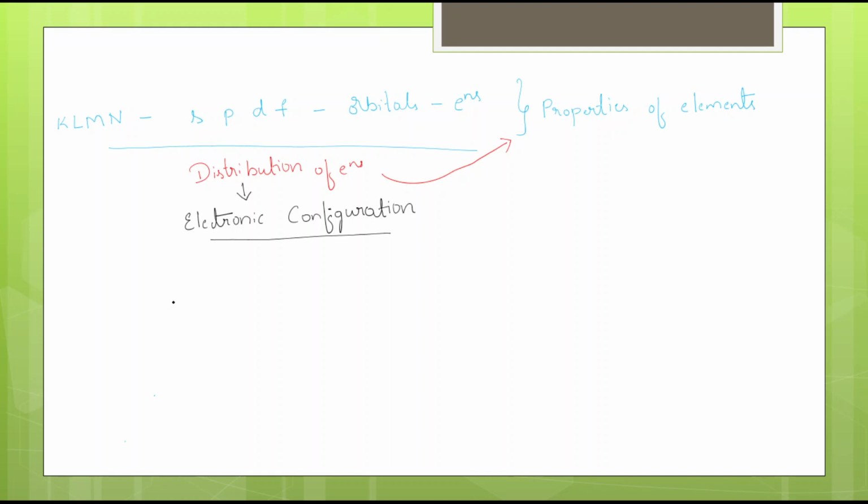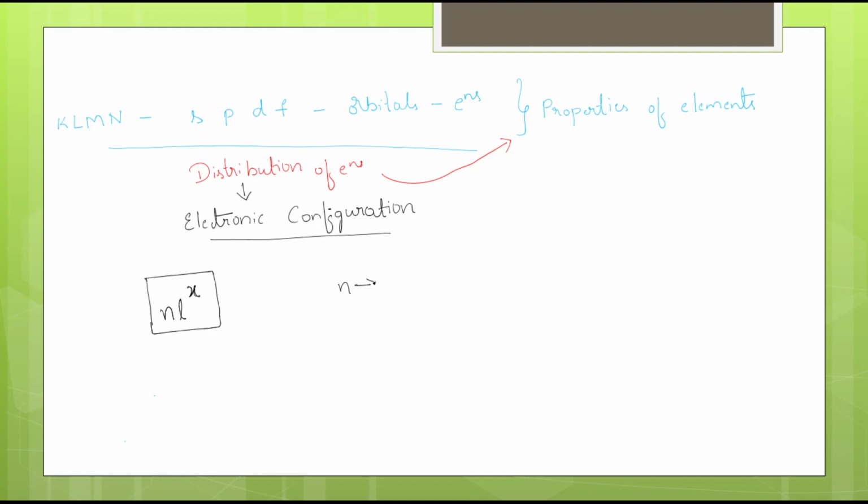We have a symbol for that: n, l, x, that is nlx. This is important. By this we can represent the electronic configuration. What is this n?